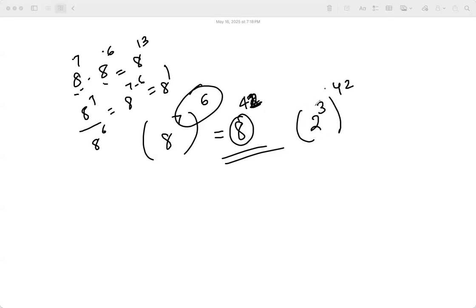Now, Sarvata, 2 to the power of 126, right? Oh yeah, I accidentally divided 42 by 2. No worries. Did you understand? Go ahead and try to find which two are equal here. Which two numbers are equal?